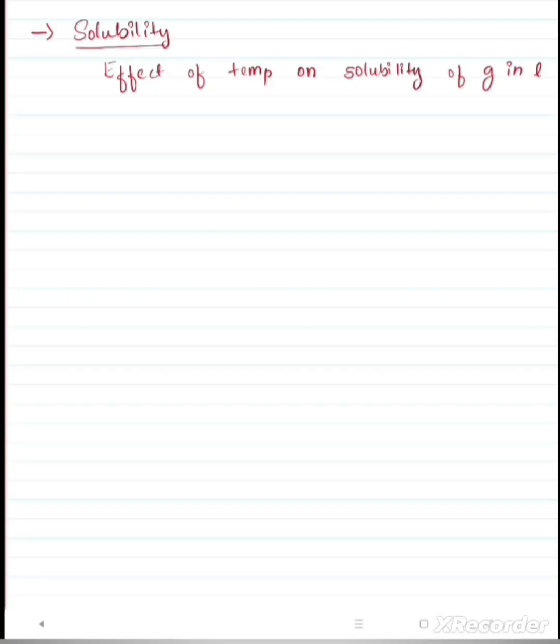If it is an exothermic process, then solubility will decrease with increase in temperature. If it is endothermic, then solubility increases with increase in temperature.